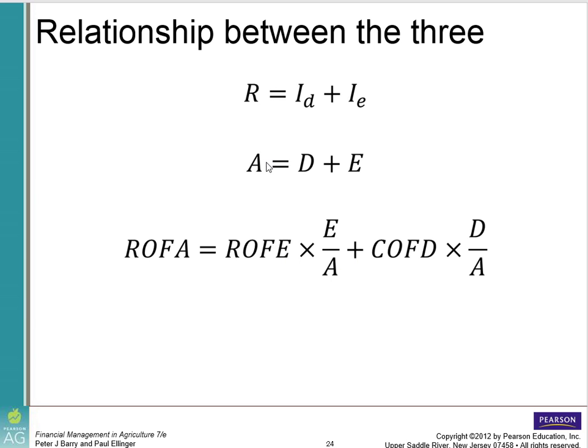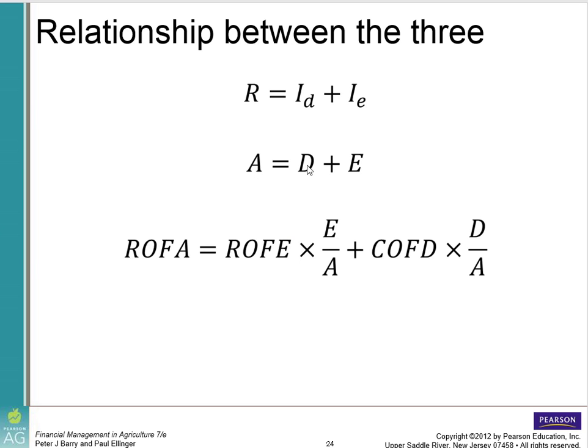And then of course A, or average farm assets, equals average farm liabilities plus average equity. Where is this coming from? This is coming from your good old fashioned assets equals liabilities plus total equity.